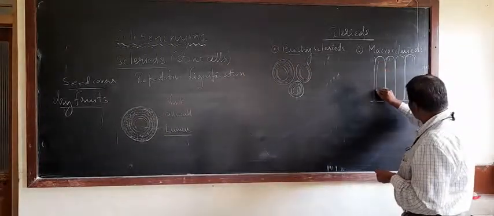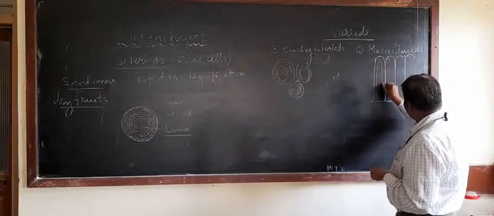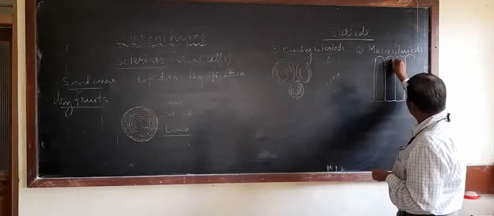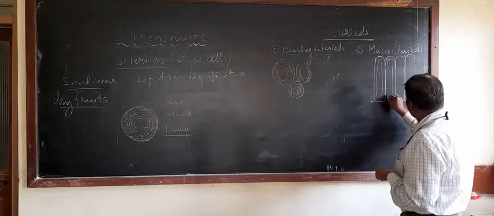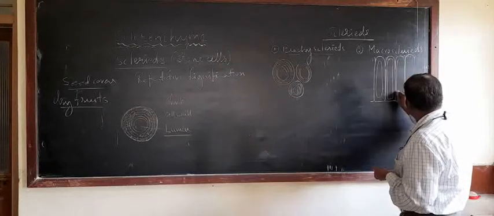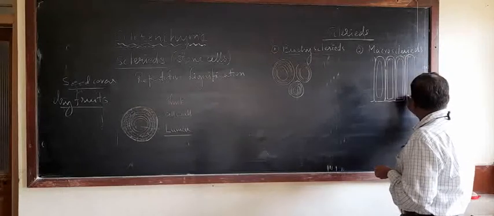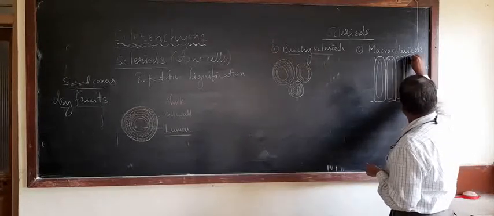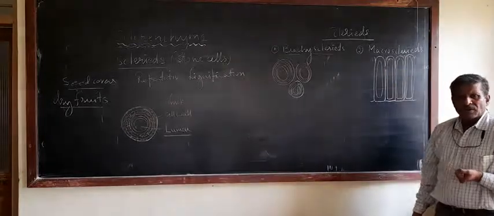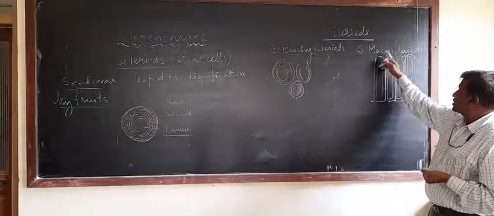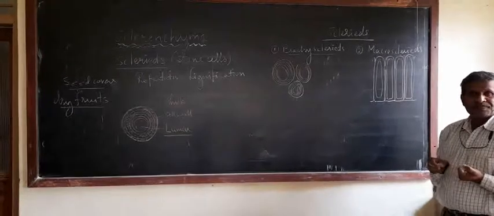Even here also, you can observe a very thick cell. We consider them as macrosclereids.